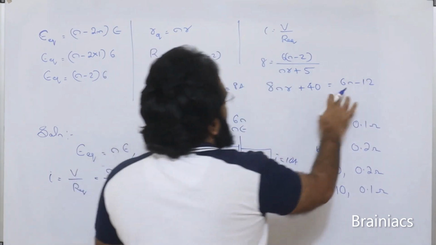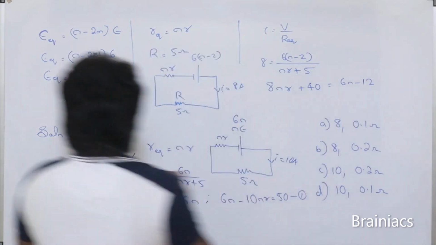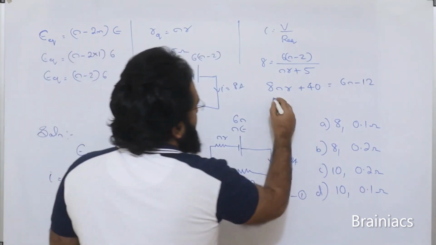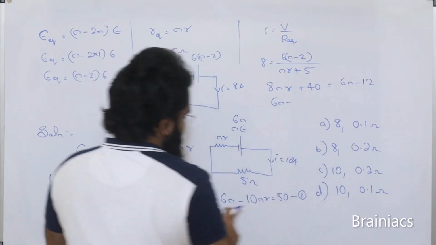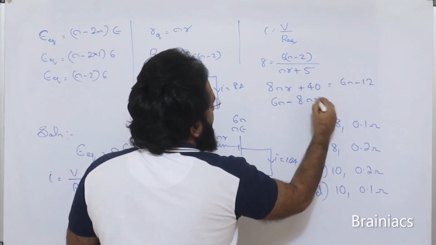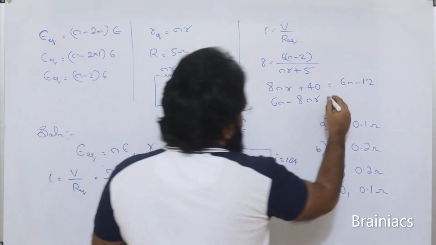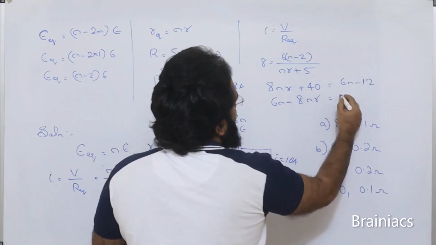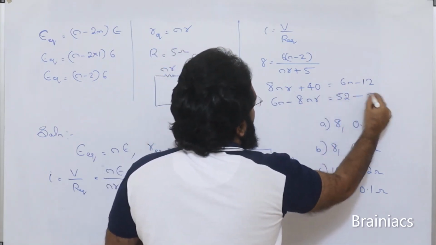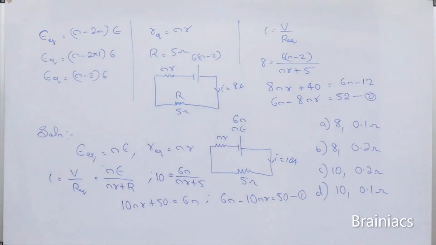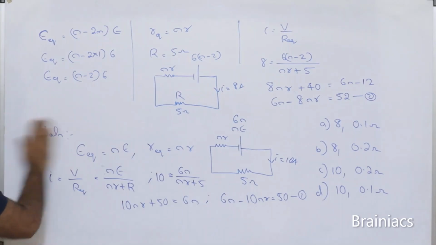So just like this we will rearrange. 6n minus 8nr will be equal to 12 plus 40, which is going to be 52. Okay, two equations we got. Clear? Copy this.